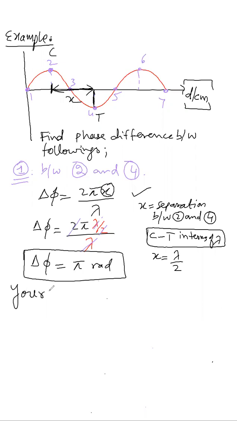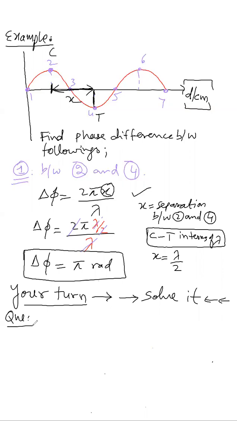Now it's your turn. You need to look upon the question, and then you need to pause the video to do this question. And then you will look upon the answer, which I will provide after this. So the question for you is, find phase difference between particle 3 and particle 6.